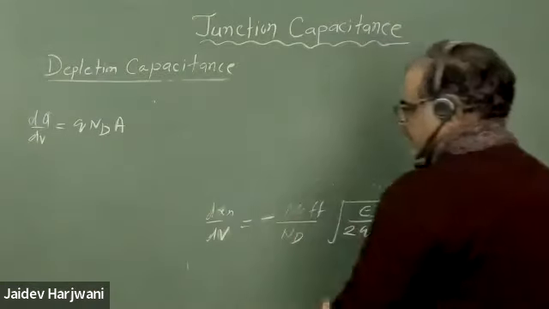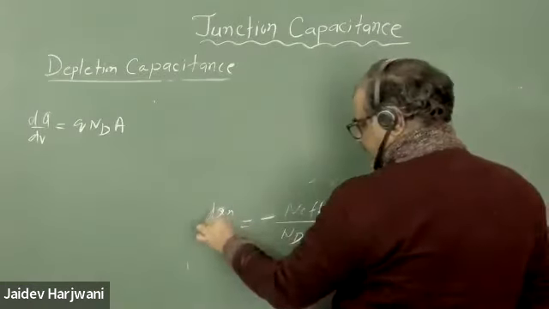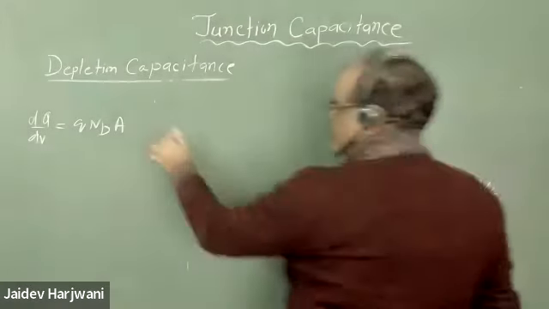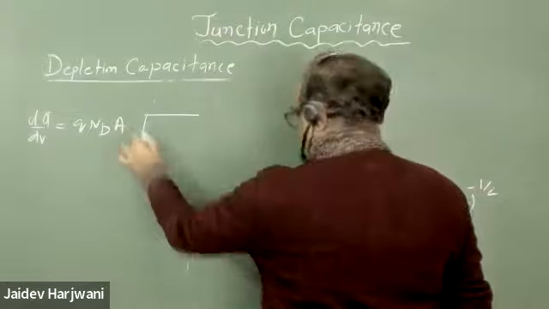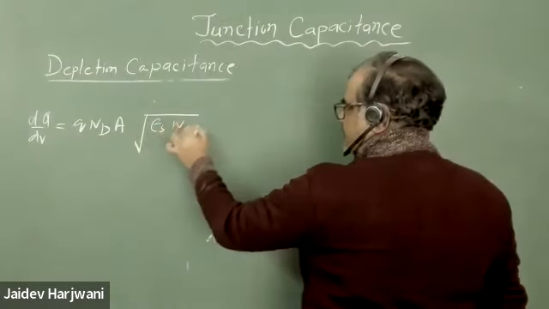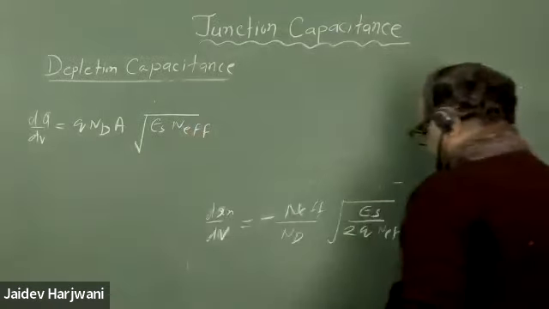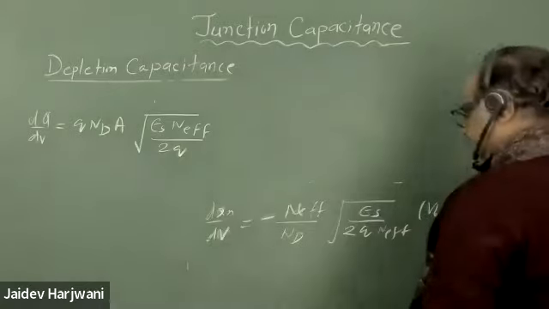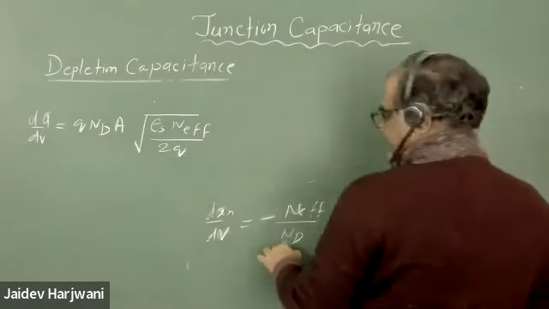So dx_n by dV, what does it become? This becomes under root N effective. So I will have under root ε_s under root N effective, and 2q is already there under root, and 1 by Nd is also there.